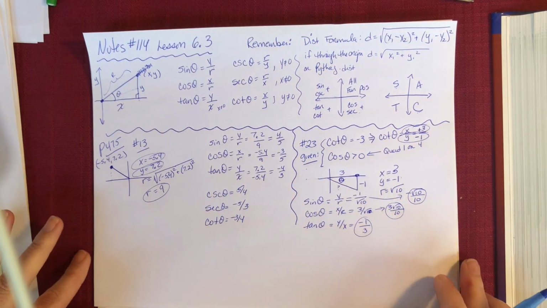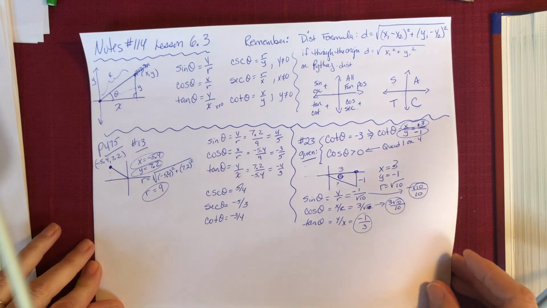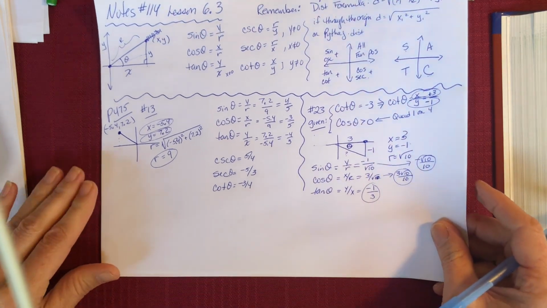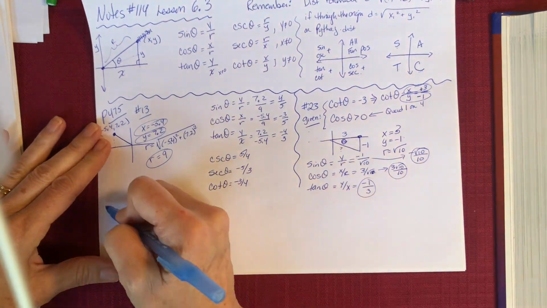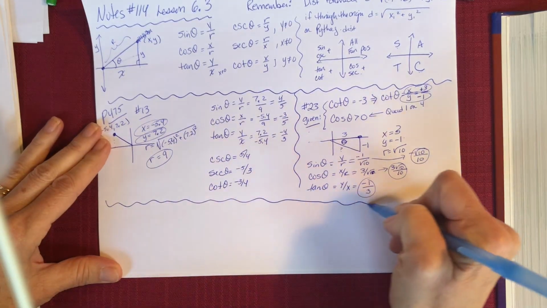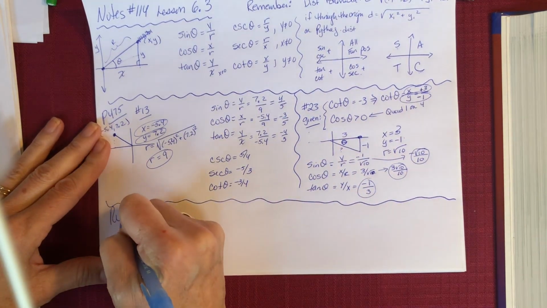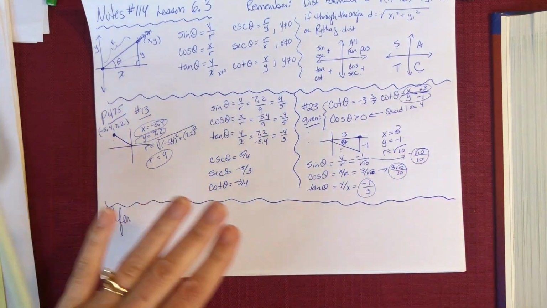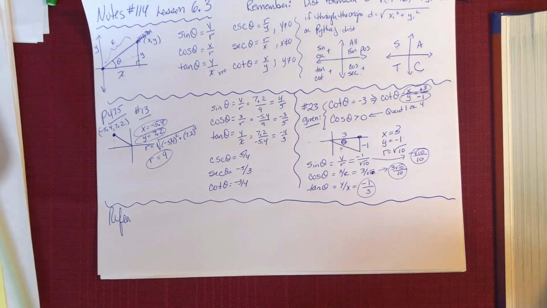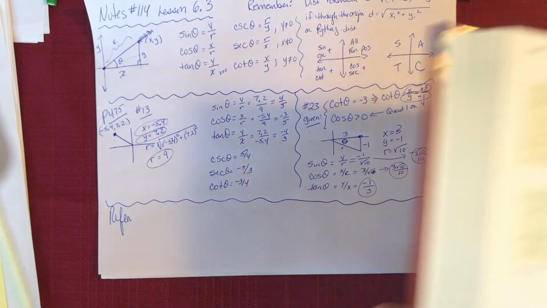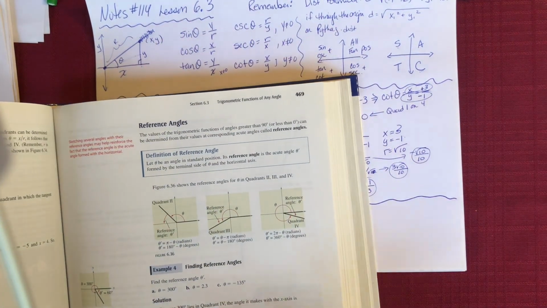Okay. The next topic I need to talk about is reference angles. So let's see, a reference angle. A reference angle is your helper angle, the angle that's going to help you out. I think there's a nice picture in the textbook of your reference angles. All right, so on page 469, here are my reference angles.